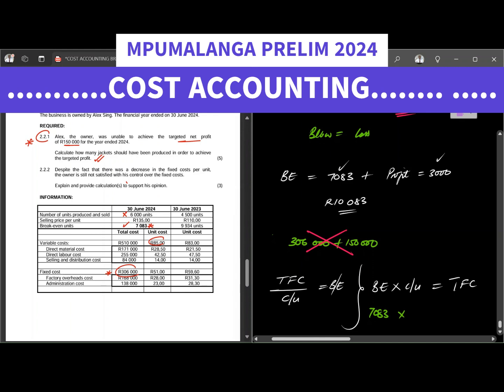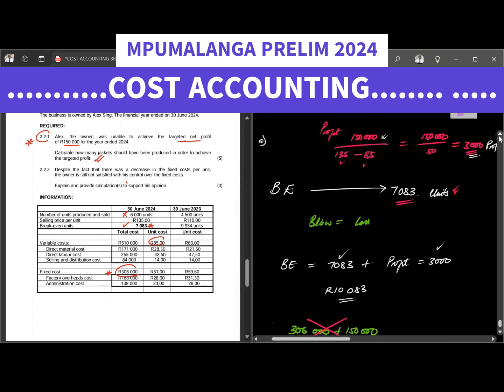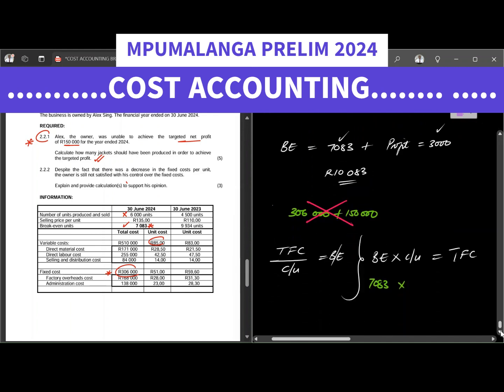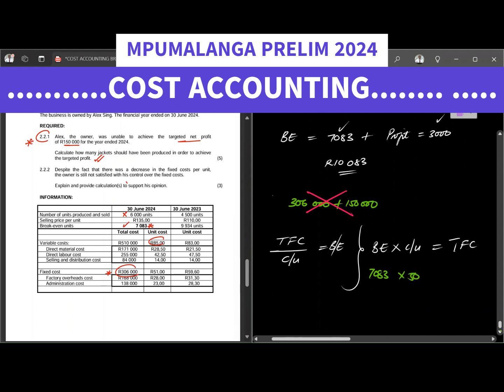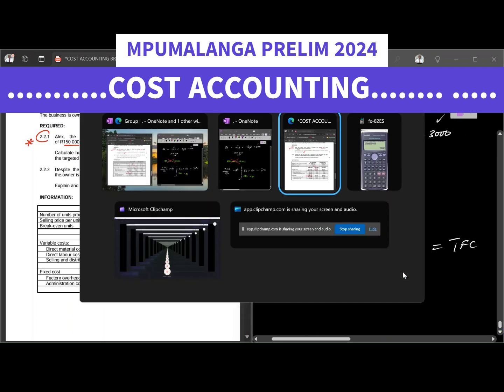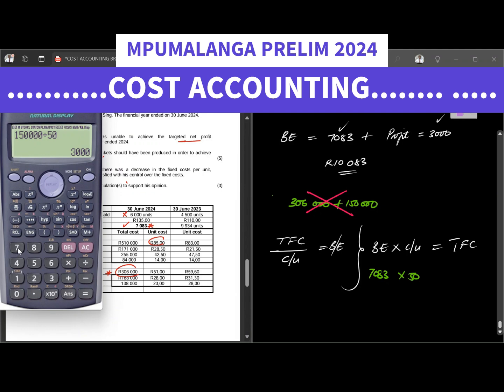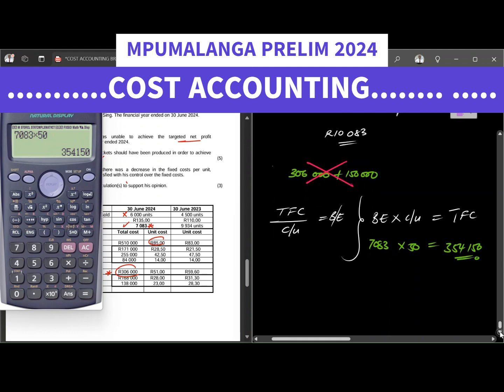If I multiply that by the contribution per unit, which we calculated up here as 50 Rand, that is 7,083 multiplied by 50, and that gives me a total fixed cost of 354,150.